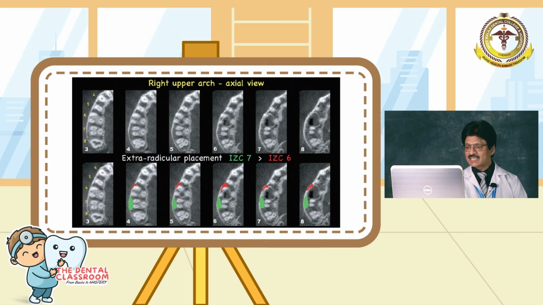And if you look at these CT scans and these little pictures down here, you can see where the green is, you have more bone, where the red is, you have less bone. In other words, if you're going to do it buccally to the maxillary second molar, you have more bone rather than bone buccally to the maxillary first molar.